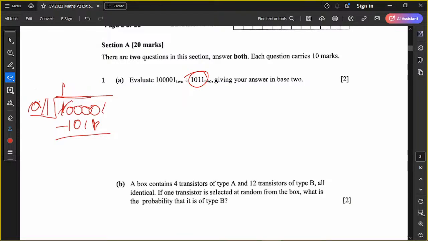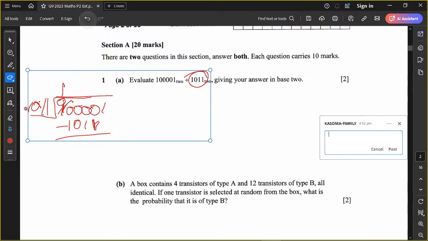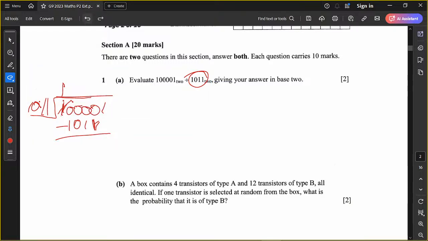When we borrow, we cancel it and remain with the 0 here. Then we have 2 here, we borrow 1 from 2, we remain with 1. We have 2 here, we borrow 1, we remain with 1. We have 2 here, we borrow 1, we remain with 1. Then we have 2 here.